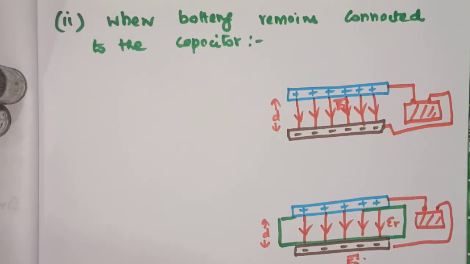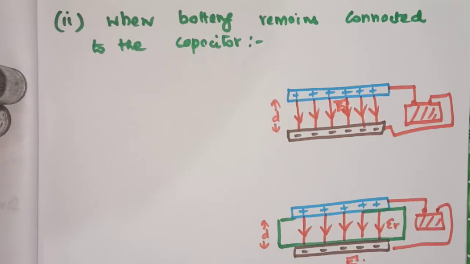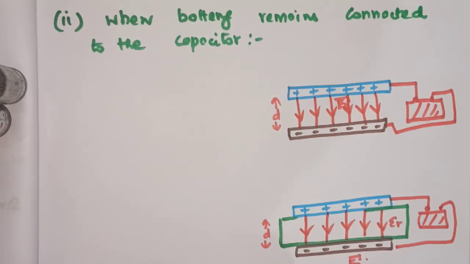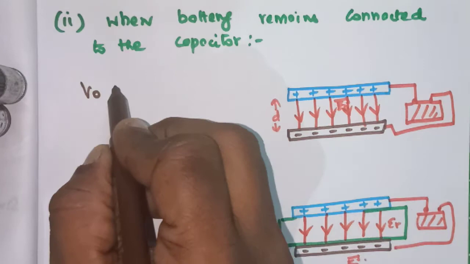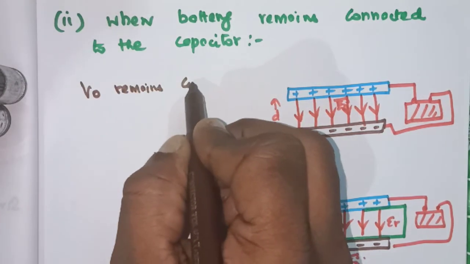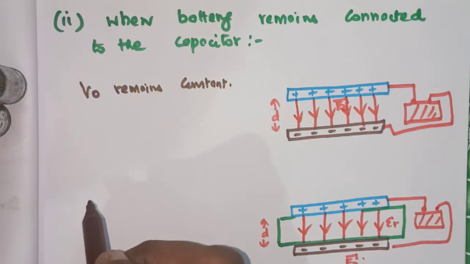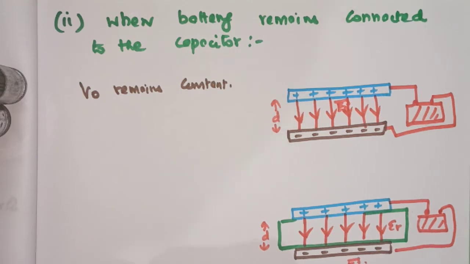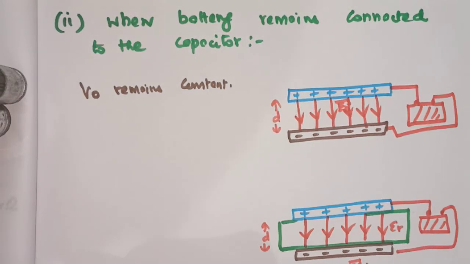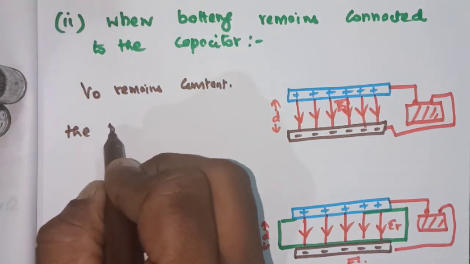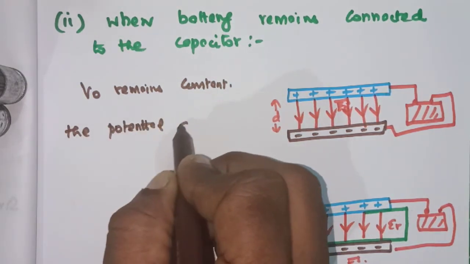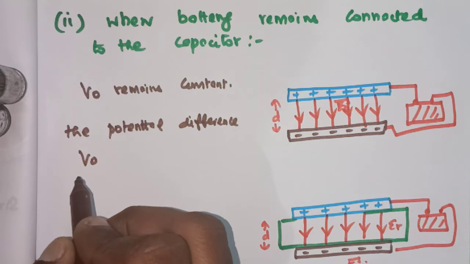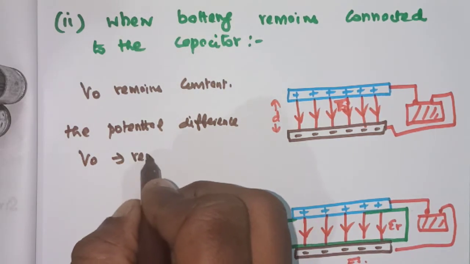Now, when battery remains connected to the capacitor, that is, when battery of voltage V0 remains constant to the capacitor when the dielectric is inserted into the capacitor, the potential difference V0 across the plate remains constant.